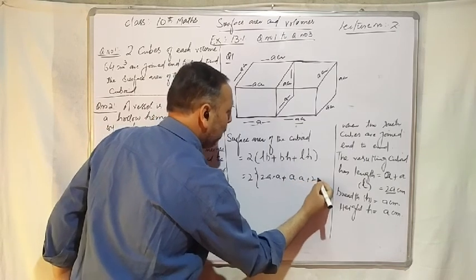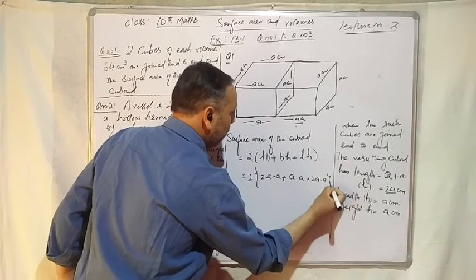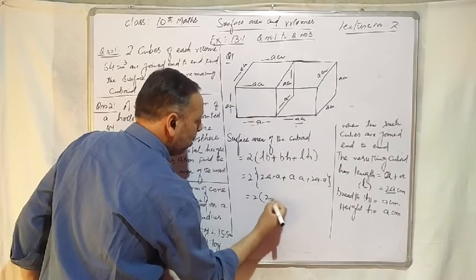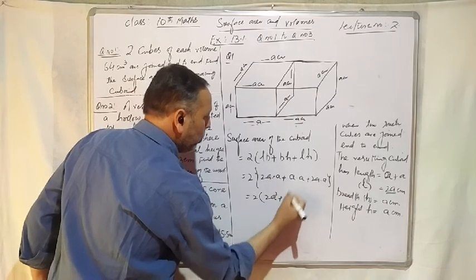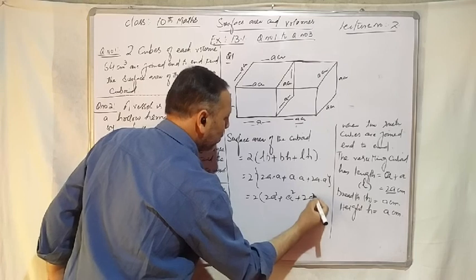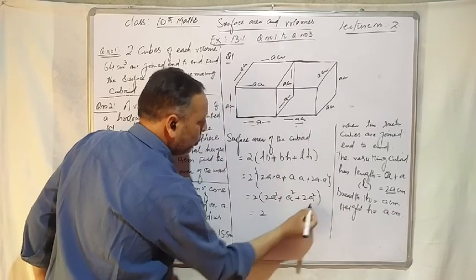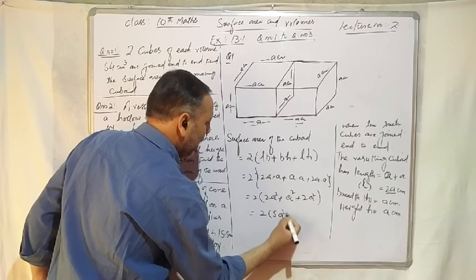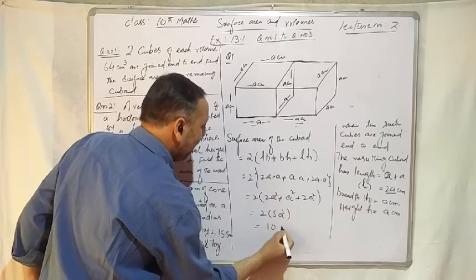So it will be 2 times (2a into a, which is 2a squared, plus a into a, which is a squared, plus 2a into a, which is 2a squared). So it is 2 times (2a squared plus a squared plus 2a squared). It is 5a squared, so it is 10a squared.